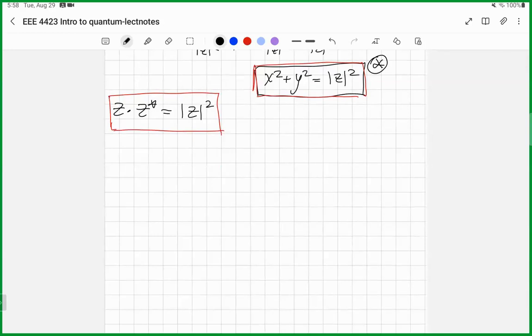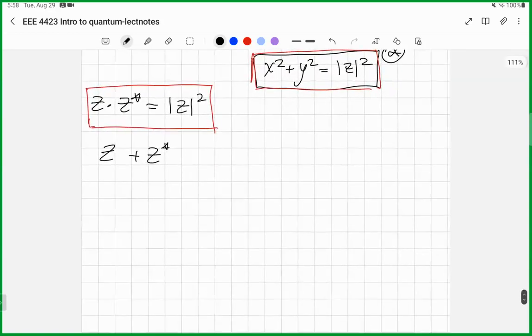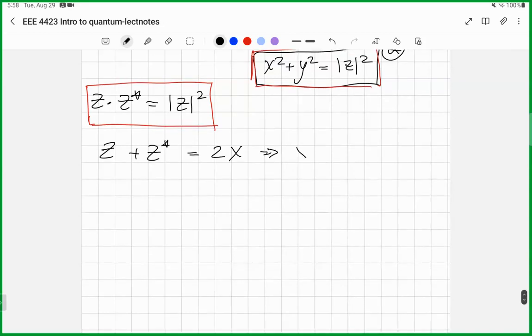So what would we get if we take the sum of a complex number plus the conjugate counterpart of the same number, right? In this case we get 2x because iy and minus iy cancel out. We get 2x, which means that if we divide by 2 both parts, we get for x, z plus z star over 2.